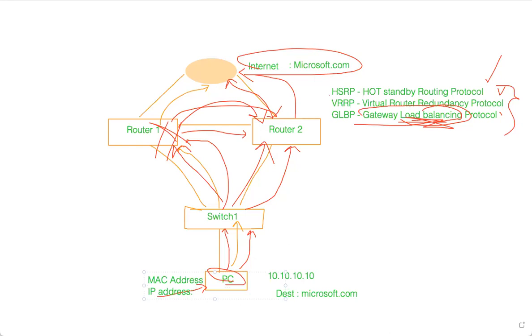So in this case, where is the ARP table living, guys? In this diagram, where will the ARP table be living?